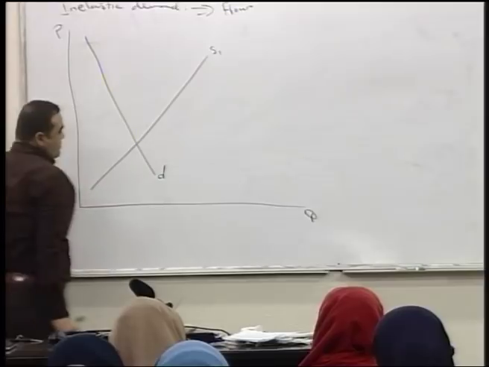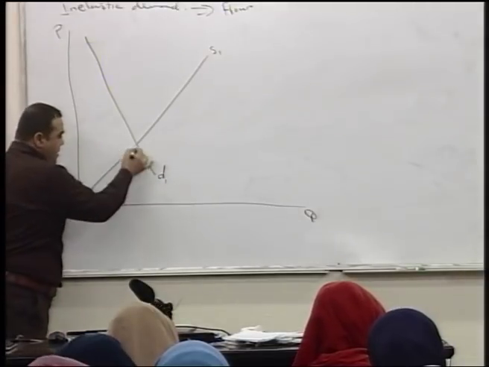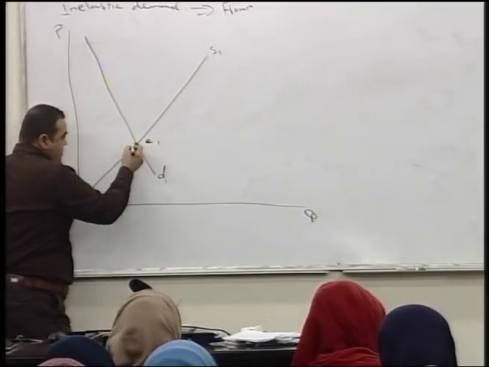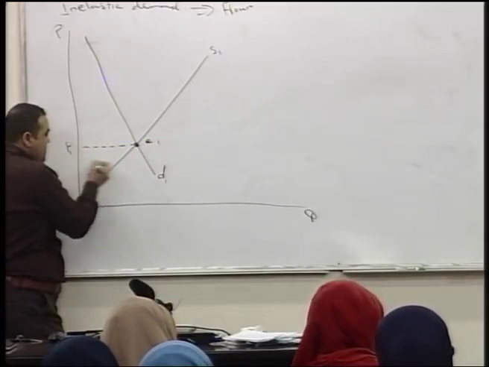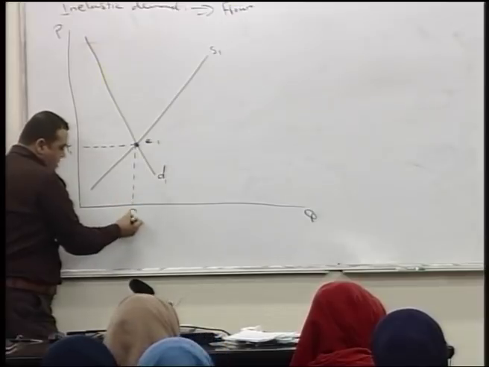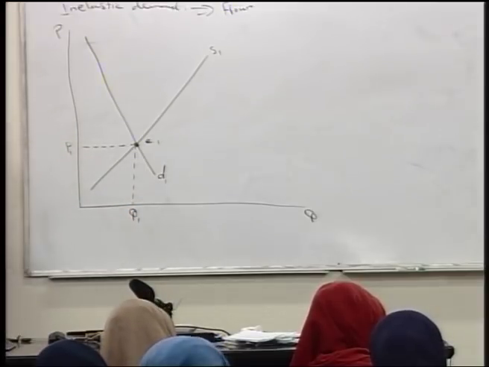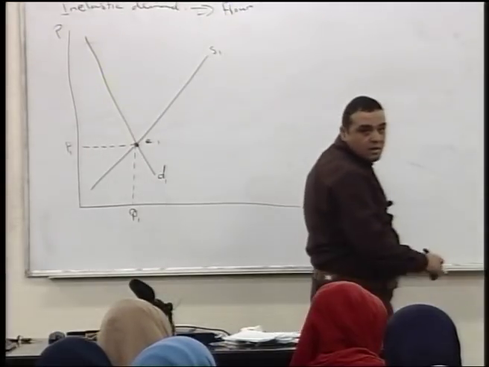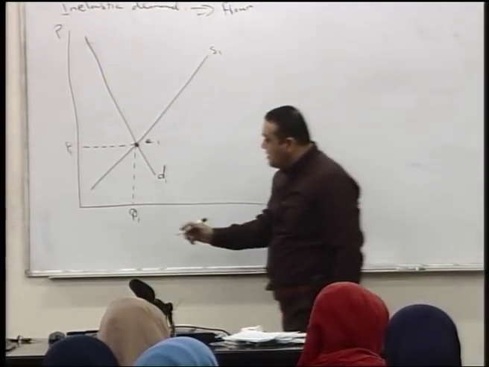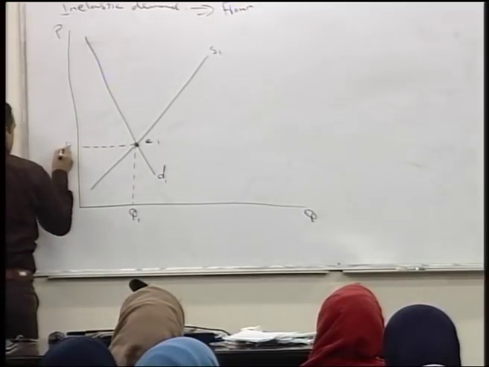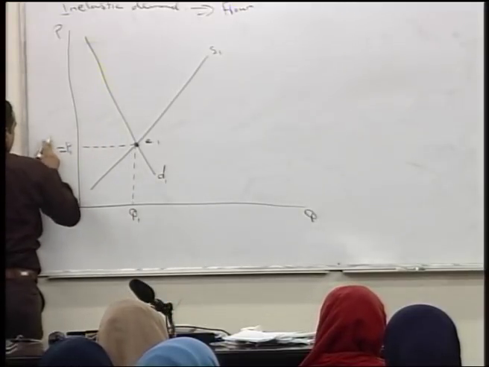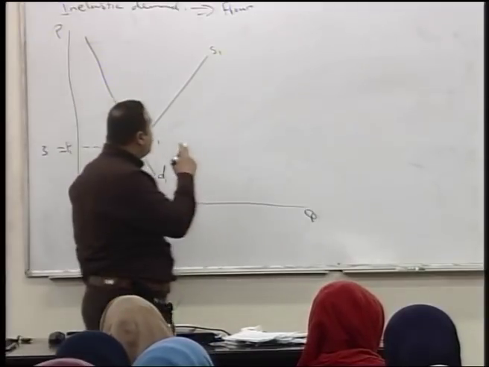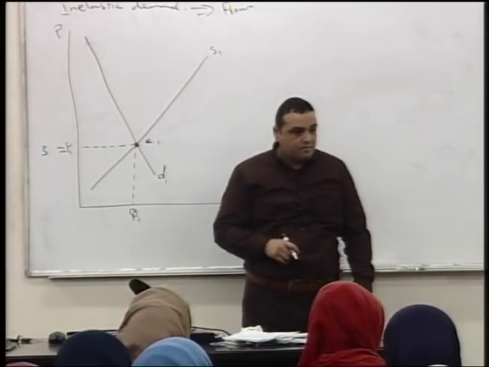S1 and D1 as well. This is the original equilibrium point E1. The price is P1 and the equilibrium quantity is Q1. Now let us assume that the price per kilogram of flour here equals 3 shekels.